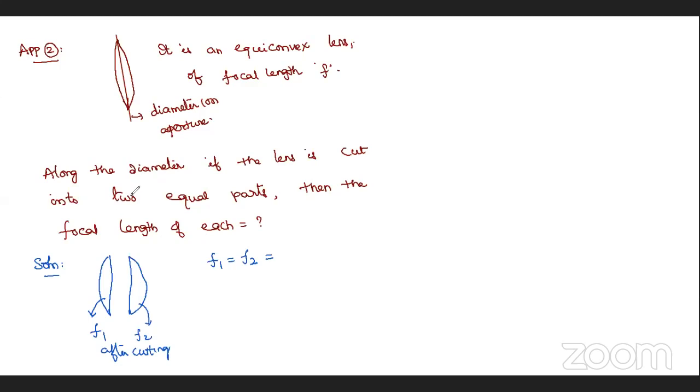With what logic did you say that? In the formula, we get 2/r. Very good, very good. You are right. In the above one, 1/f equals (mu2 minus mu1) by mu1 into 2/r, of the equiconvex lens. Very good, common sense. And f1 and f2 are plano-convex lenses. Am I right?